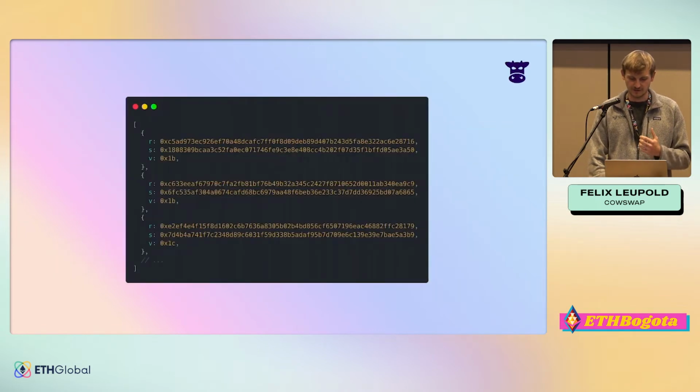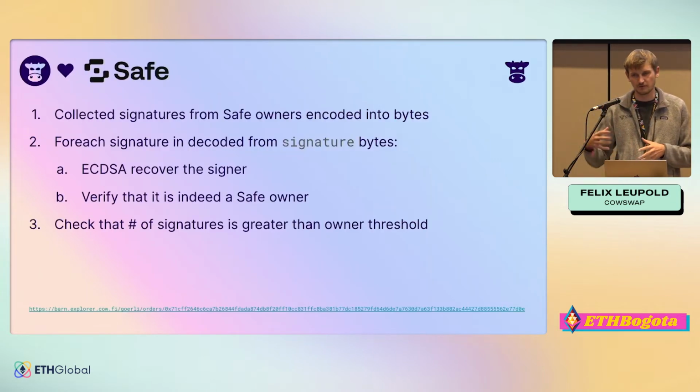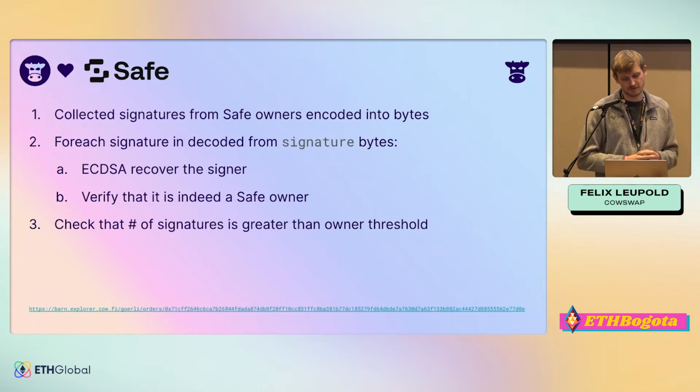And then the Safe waits for enough owners to have created their own individual signatures. So if you have a 3 out of 5 Safe, for example, you need to collect signatures from at least 3 owners. You concatenate all those 3 signatures together, and then the Safe will say isValidSignature is true if enough signers have signed for that hash.